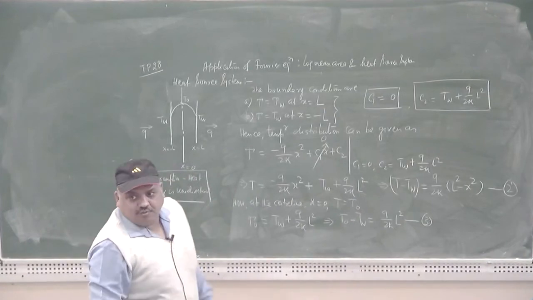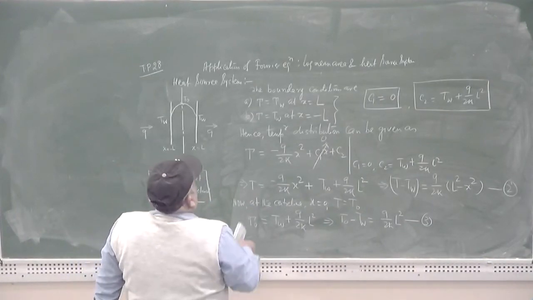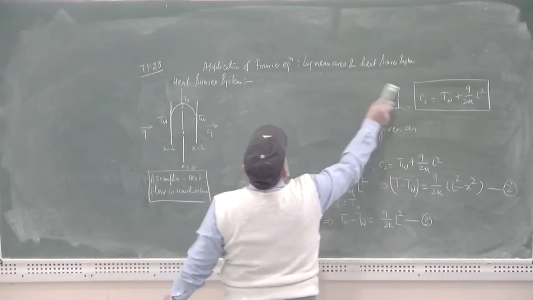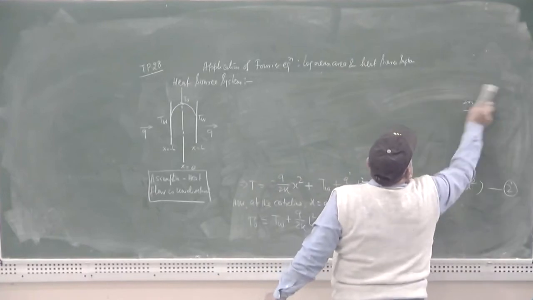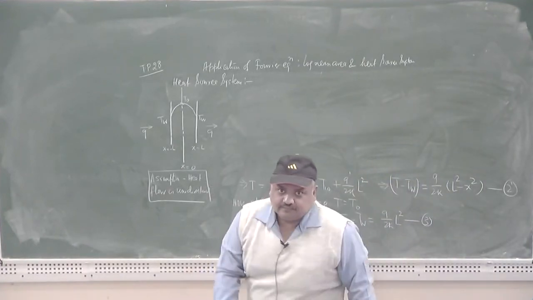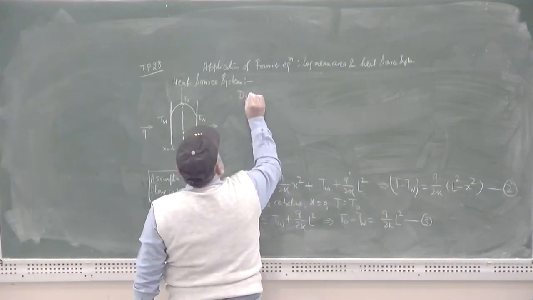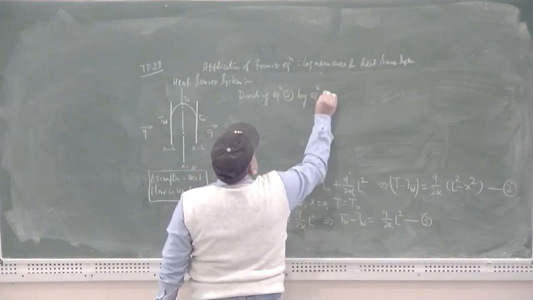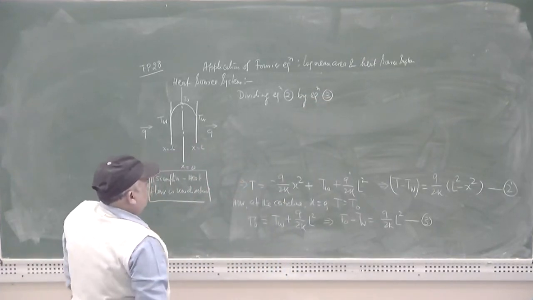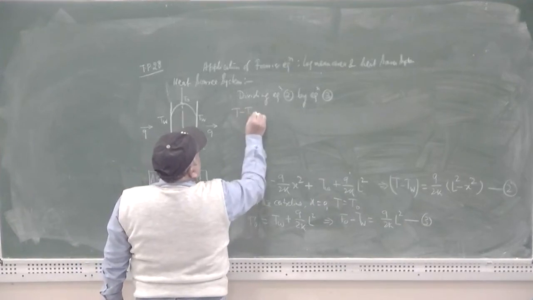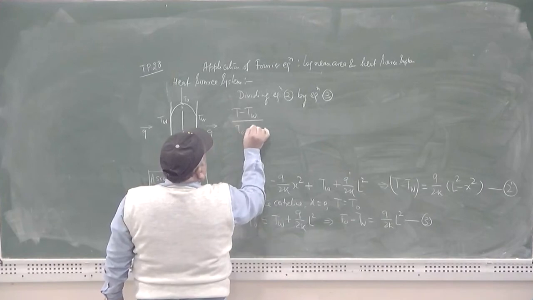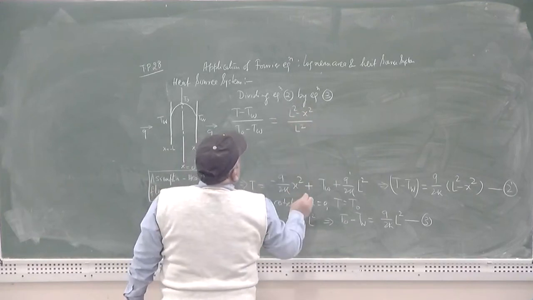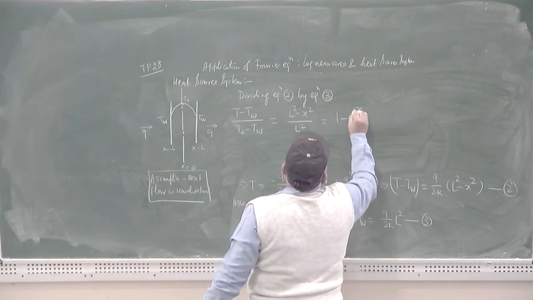Now, dividing equation number 2 by equation 3, we will get T minus TW divided by T naught minus TW, that is equal to L square minus x square divided by L square, that is equal to 1 minus x by L whole square.